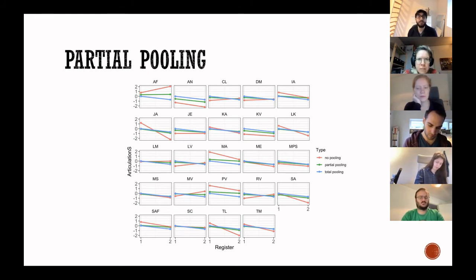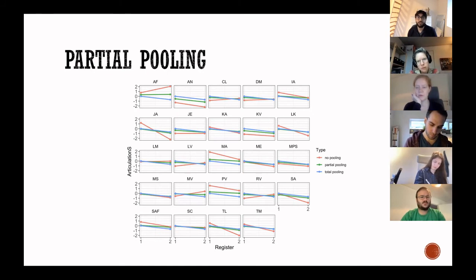So if you look at the plot just below, JA, the raw effect is very big, but it gets pulled towards the mean and becomes a much smaller effect. So this is what the multi-level modeling is doing. This is what the partial pooling is doing.